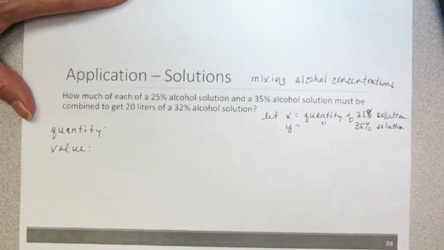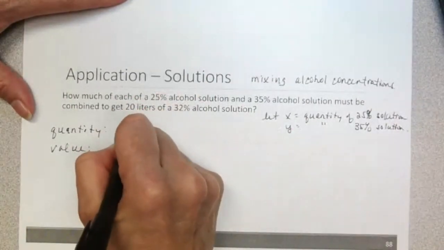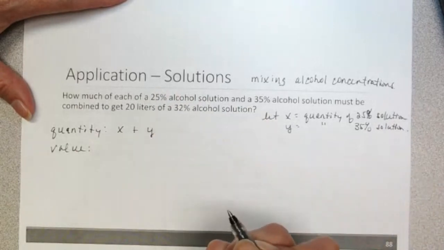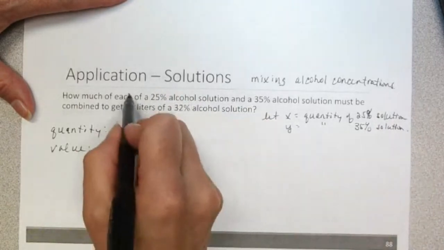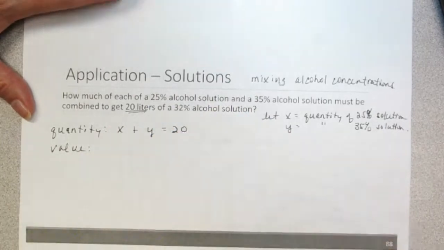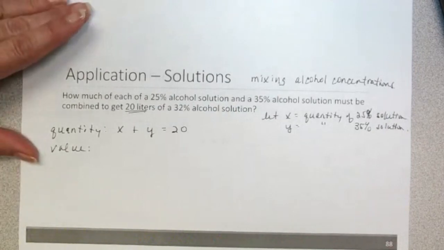So our quantity equation is we're adding some amount of 25% solution, that's x, with some amount of 35% solution, that's y. Okay, and the total quantity that we need, there it is, 20 liters. So x plus y equals 20. There's our quantity equation.